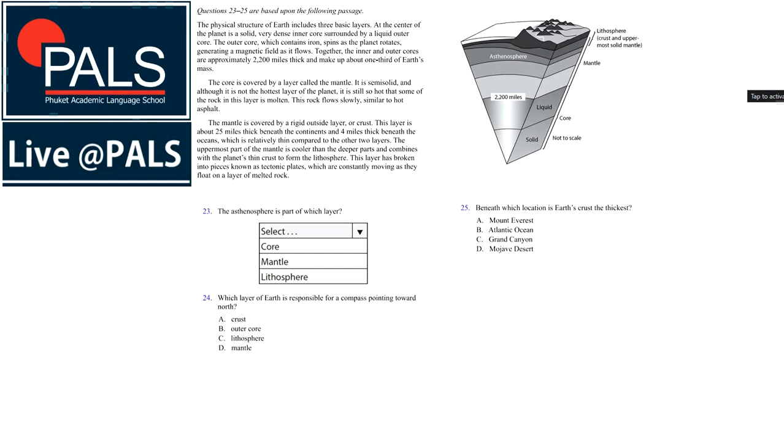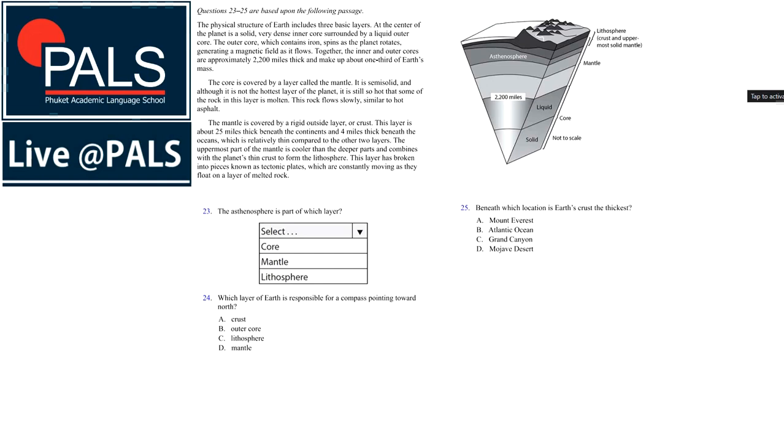Together, the inner and outer cores are approximately 2,200 miles thick and make up about 1/3 of Earth's mass. The core is covered by a layer called the mantle, which is semi-solid, and although it is not the hottest layer of the planet, it is still so hot that some of the rock in its layer is molten. The rock flows slowly, similar to hot asphalt.